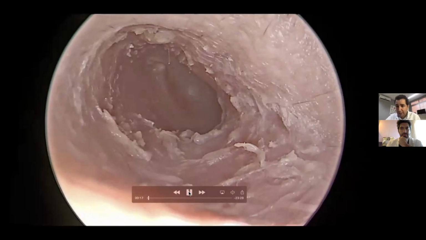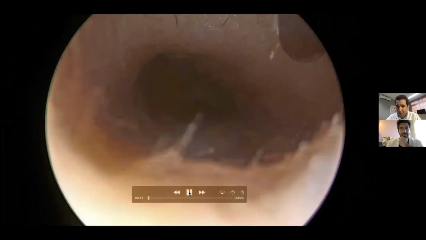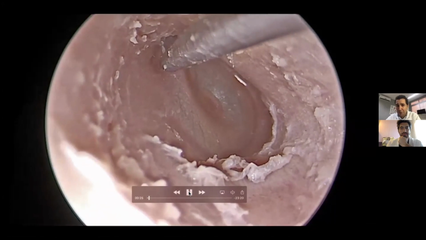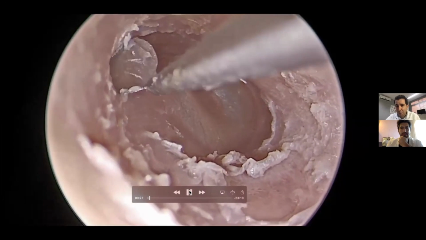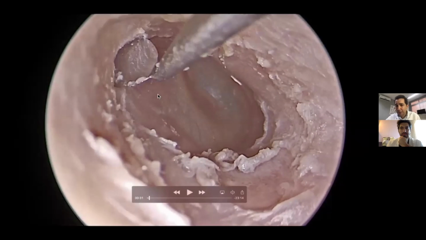Of course, in a cadaver, it won't bleed as in real life, so you don't have to worry about the bleeding. And one of the first questions that people usually ask when we are doing this dissection, and this dissection can also be translated into the surgeries, is what size should my incision be for the tympanomeatal flap.